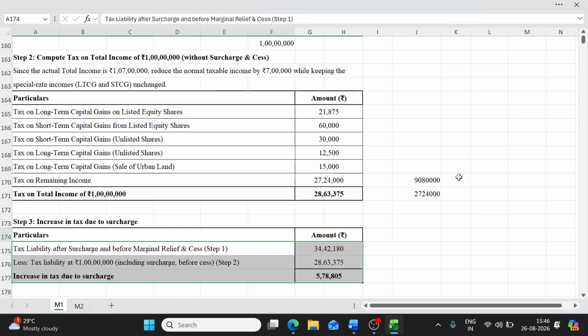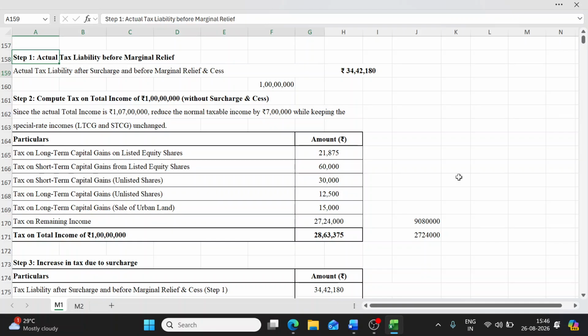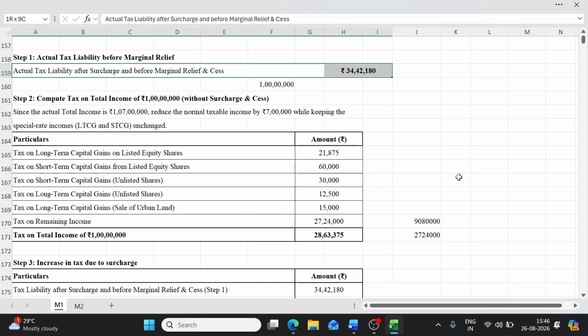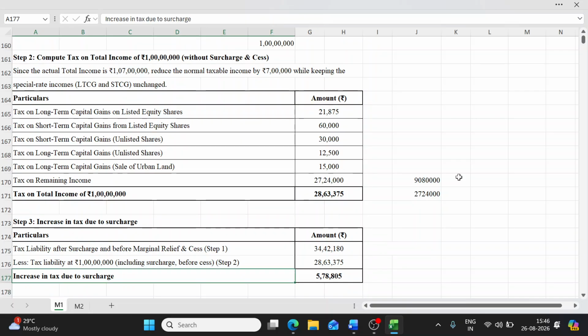It is very simple. As per step number 1, our tax was 34 lakhs 42,180. But as per step 2, if the income considered is only rupees 1 crore, the tax is only 28 lakh 63,375.